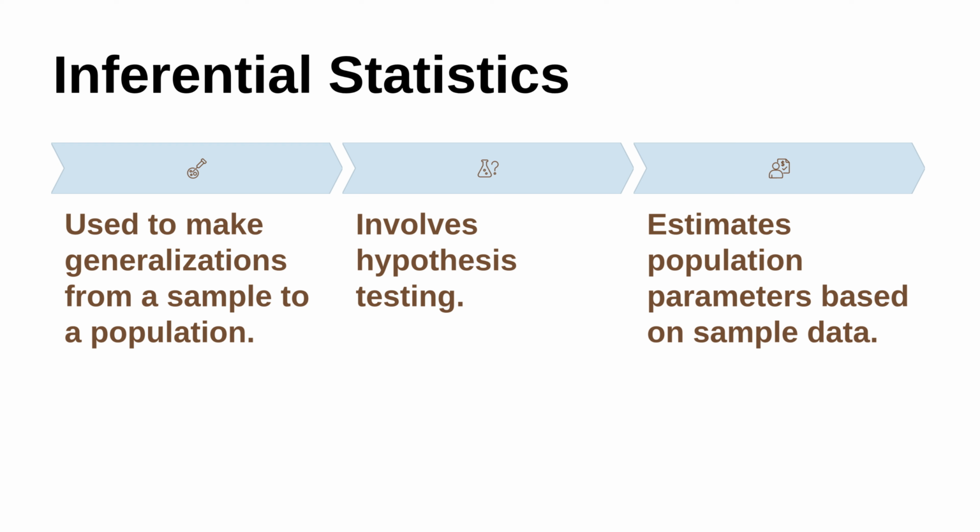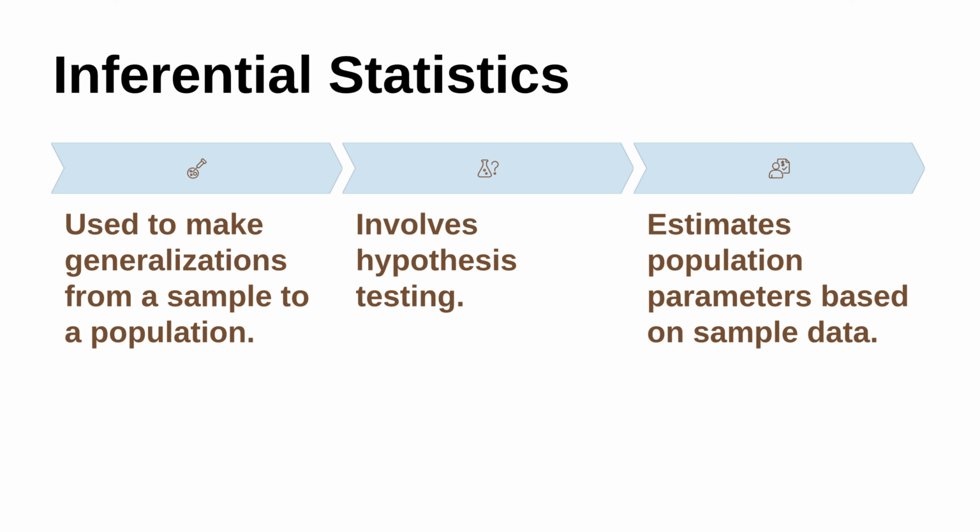Let us now go to how to describe data. That is where we discuss inferential statistics, where we interpret data and make conclusions. Inferential statistics allow us to make generalizations from a sample to a population.